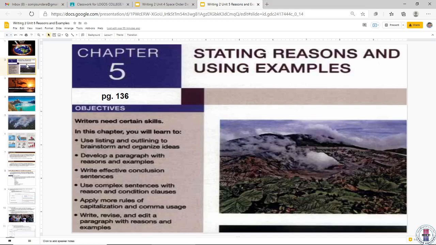So as a writer, when you want to express your opinion about something, when you want to give a recommendation, we give reasons. That's the reason to do something, reason to like something, reason to go somewhere. But when we give reasons, as good writers, we have to give specific examples. Right? We give specific examples, and they also say specific evidence.